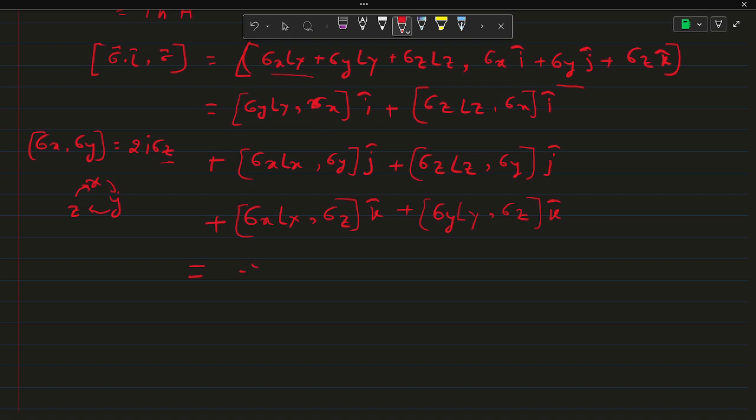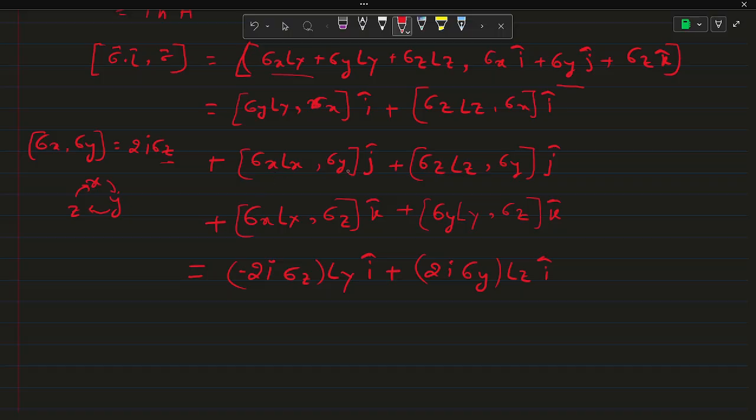So minus twice i sigma z Ly i cap plus sigma z Lx will give twice i sigma y Lz i cap. Now the second term, third term.